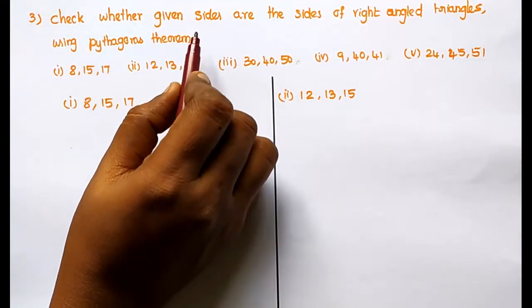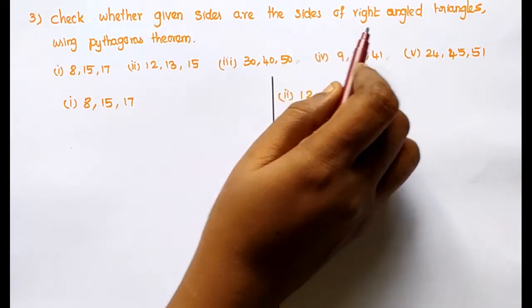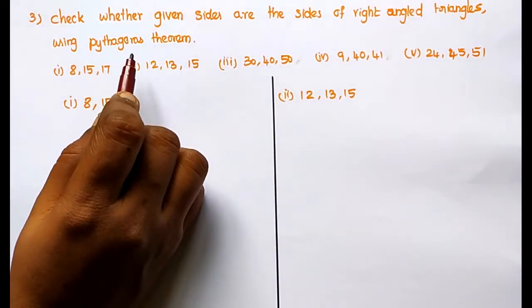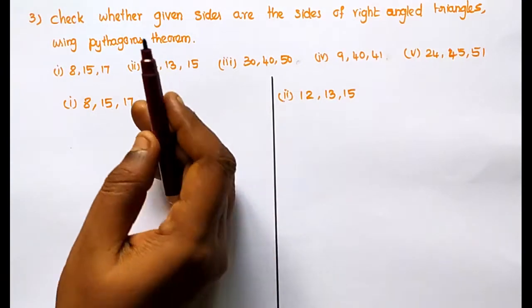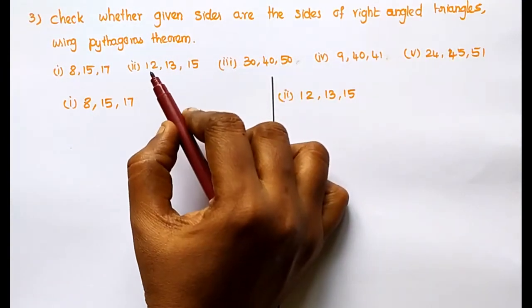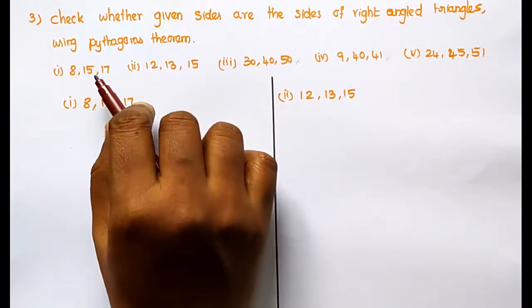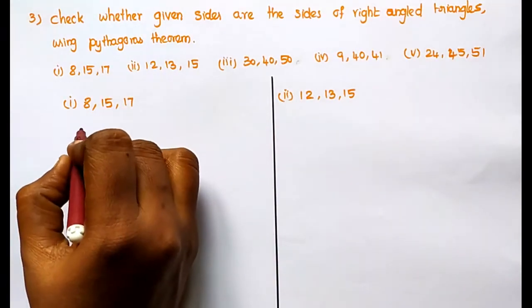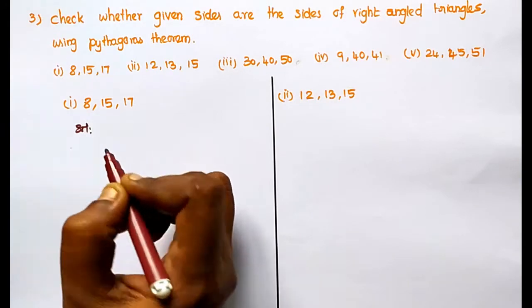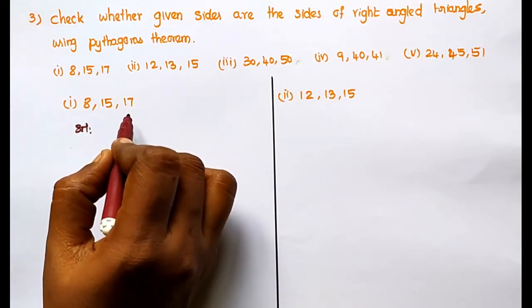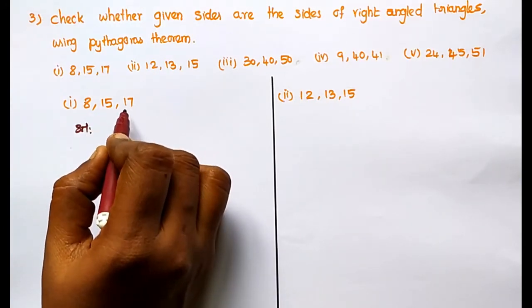Third sum. Check whether given sides are the sides of a right angled triangle using the Pythagoras theorem. Check whether it is a right angled triangle. That means Pythagorean triplets. Listen. Here, which one is the hypotenuse? That is 17.